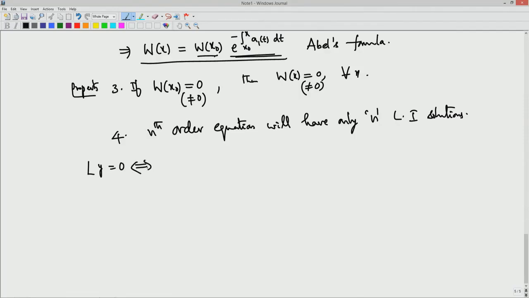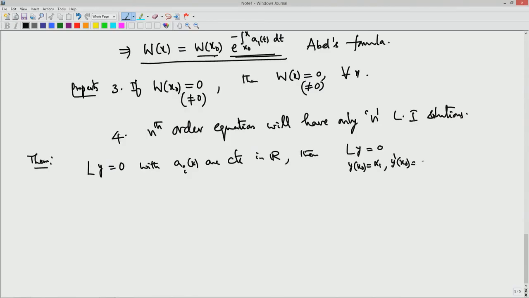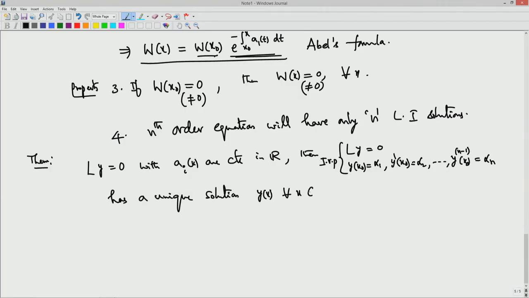I will give you this theorem without proof: if all ai of x are continuous in R, then this Ly equal to 0 with the initial values y at x naught is alpha 1, y dash at x naught is alpha 2, and so on up to the n minus 1th derivative at x naught equal to alpha n, this initial value problem has a unique solution yx for every x in R.